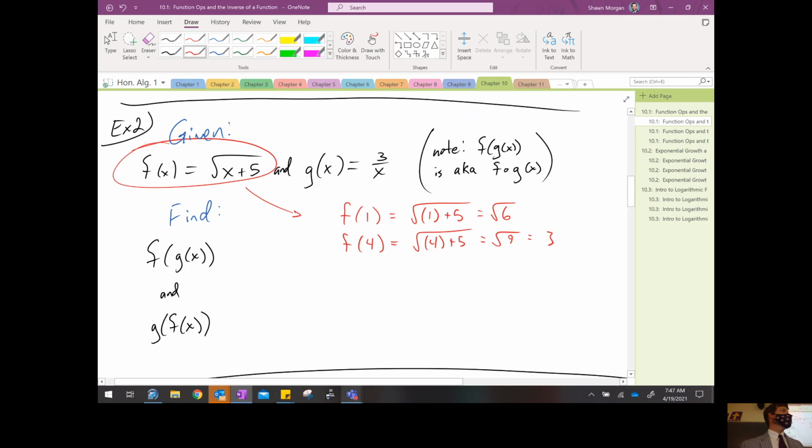Okay, so now we're getting a little fancy. What's f of negative 5? Square root of negative 5 plus 5, which equals square root of 0, which equals 0. Okay. What's f of triangle?